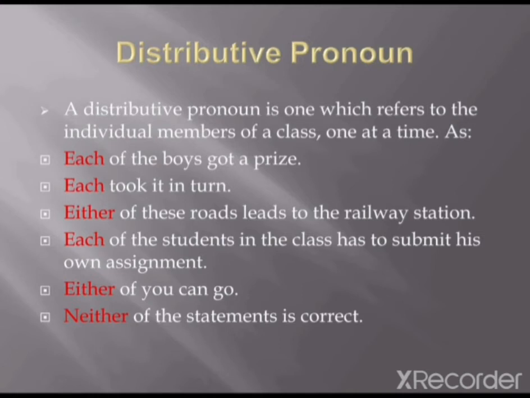Neither is negative of either. Hence, either and neither should be used only in speaking of two persons or things. When more than two are spoken of, any, no one, none should be used. So you can see all these are examples of distributive pronouns. You can see marked in red each, either, neither, all these are distributive pronouns.